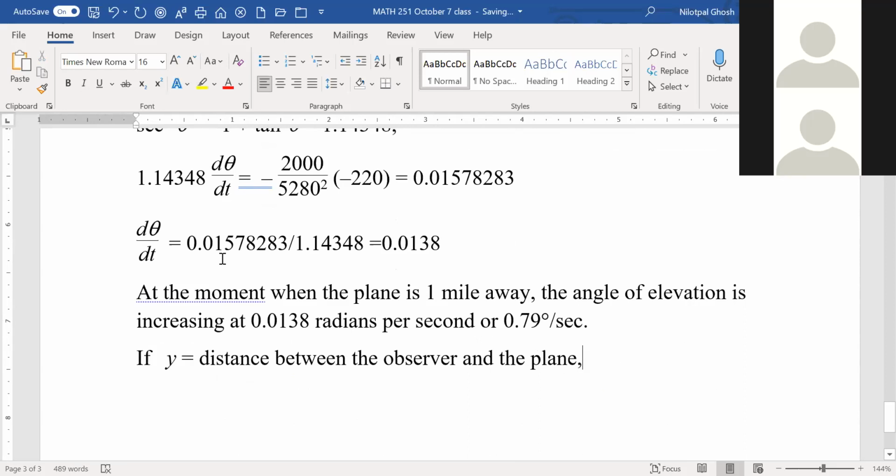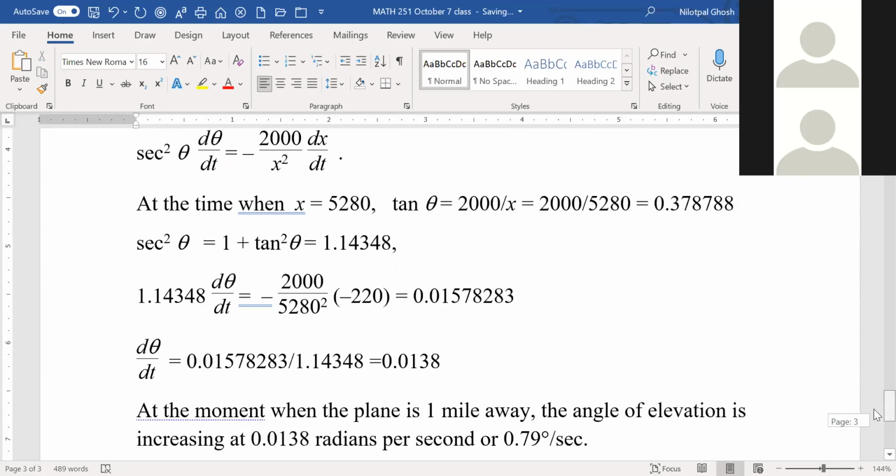We can do it in terms of theta also, because this time y equals 2000 times sec theta, right?